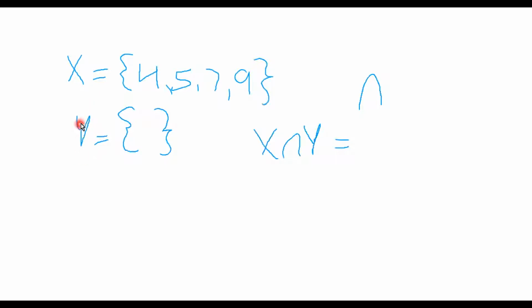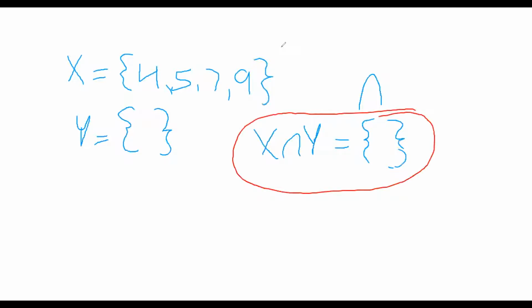Since we're looking at this and there's nothing in here, that means that our answer for X intersect Y is going to be an empty set, or a null set.